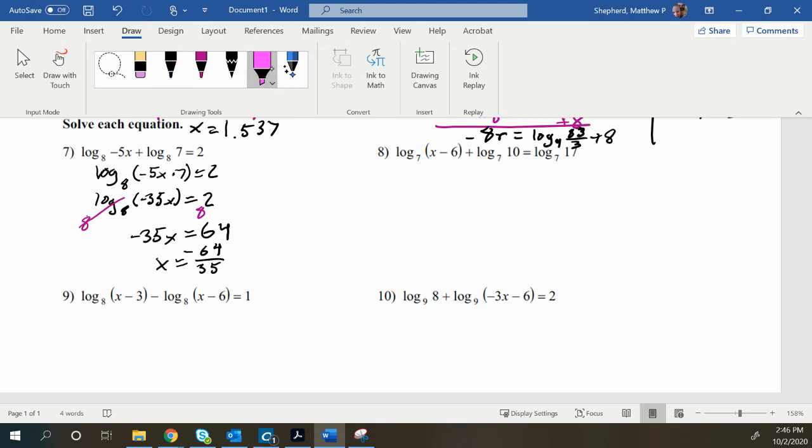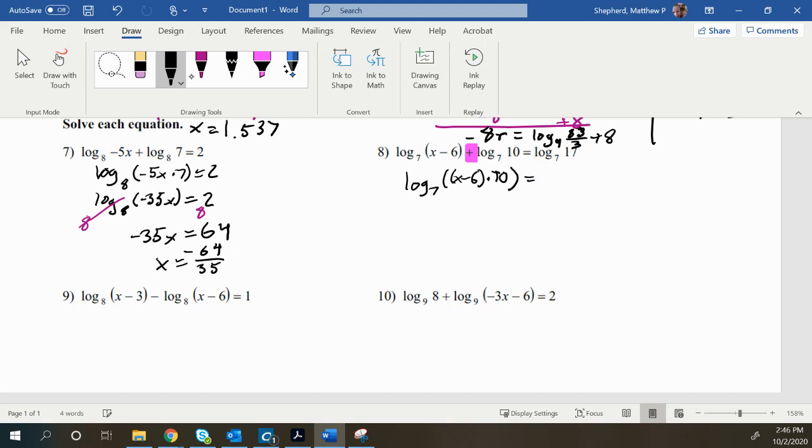Okay, once again, I see that plus there. We're going to use the product property. So log base 7 of x minus 6, and that is being multiplied by 10.